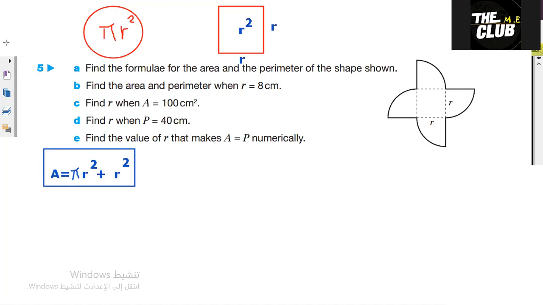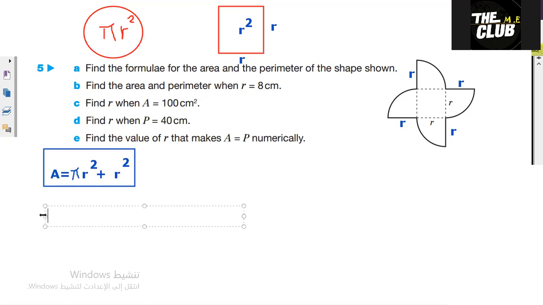Perimeter means what? It means the outside of the shape. What will we notice? First, this line here is the same as this line, so this is r. Same idea here, r, r, r. Okay, how many R's do I have here? I have 4 R's on the outside. Then the curved part. What is the curved part? It is the circumference of the circle.